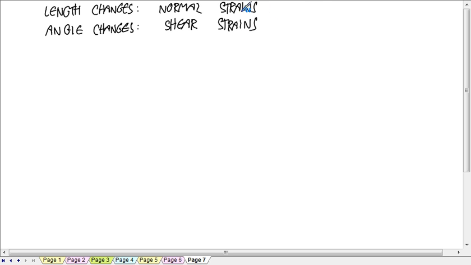The normal strains are EXX, EYY, and EZZ. And the shear strains are gamma XY, gamma XZ, and gamma YZ.